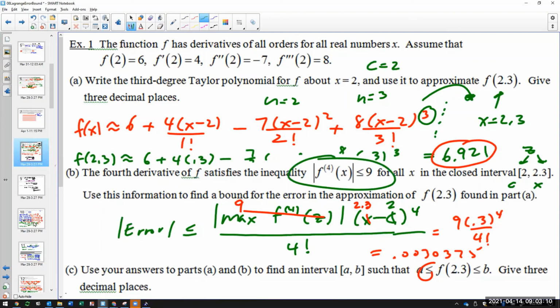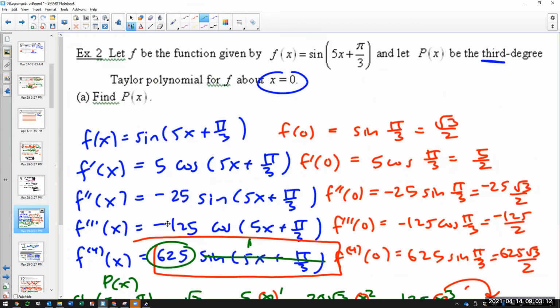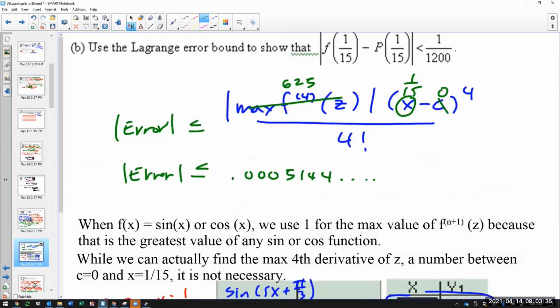The second thing they do is they give you a cosine or sine problem, and you just assume that if it were cosine, you'd still assume it's 1. Does that make sense? You assume that that part is 1, and you just get the absolute value of the number next to it, basically. Or the third thing, they give you a graph, and they say, choose the maximum number off this graph. Okay, all right. You guys are done.